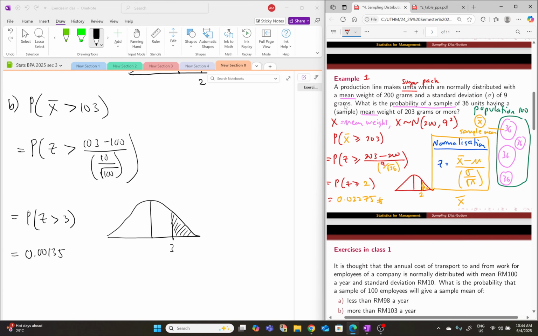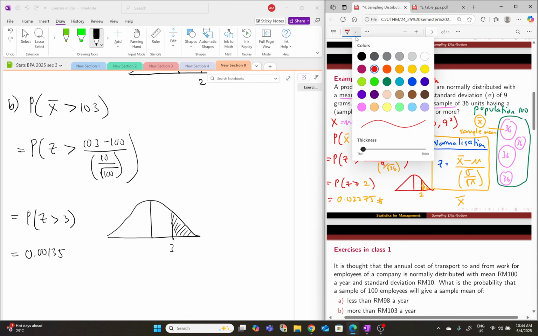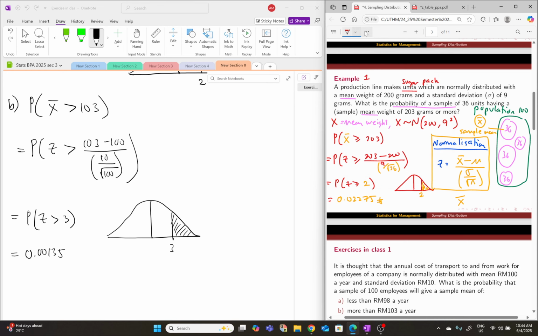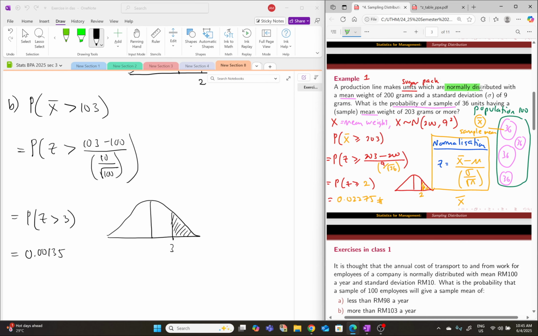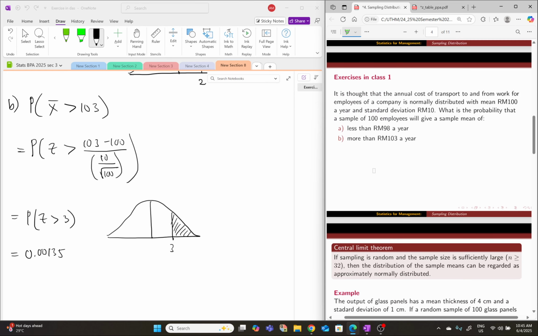Kalau example 1 nya, example 1 kita guna formula normal distribution. Kita guna normal distribution sebab dia ada tulis dekat sini normally distributed, sebab tu kita gunakan normal. Yang nombor 2 ada tak?